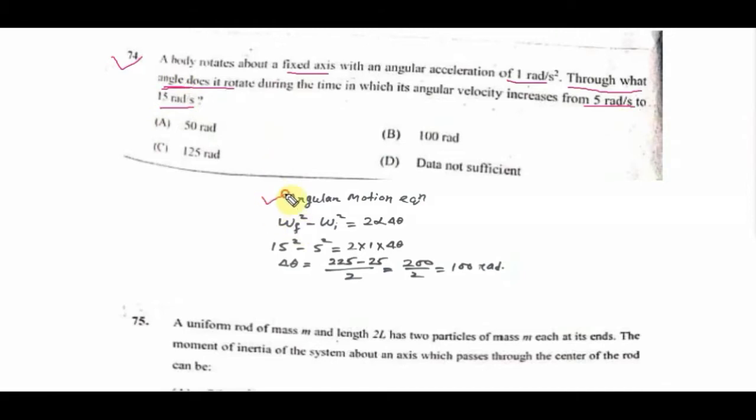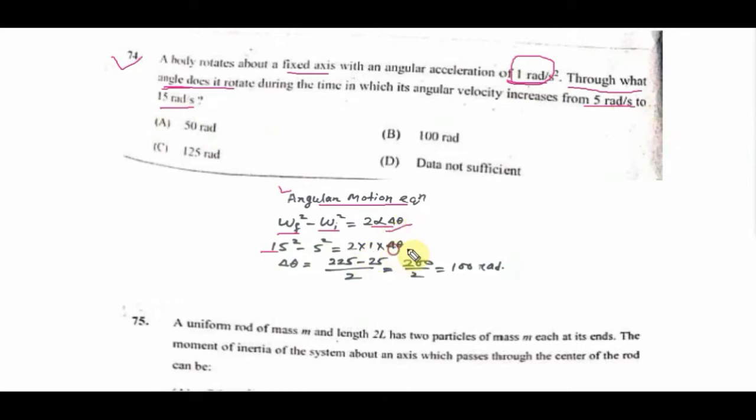The angular motion equation is given by final omega square minus initial omega square equal to 2 alpha into delta theta. Here it changes from 5 radian per second to 15 radian per second. So 15 square minus 5 square equal to 2 into alpha, which is given as 1 radian per second square, into delta theta.